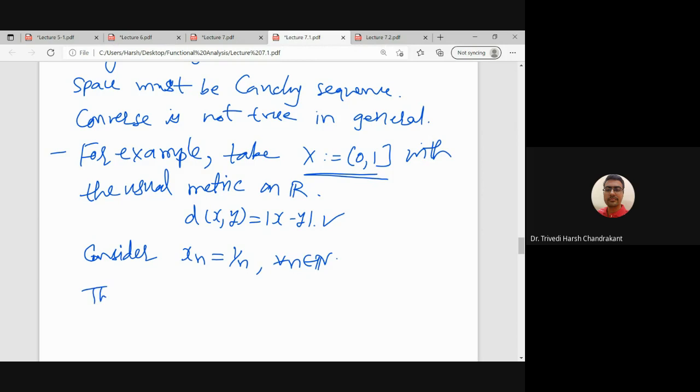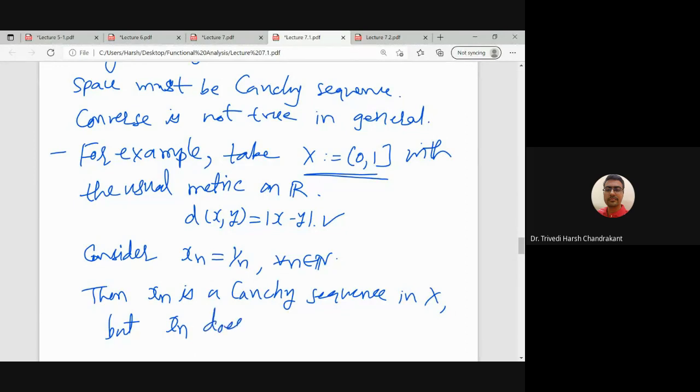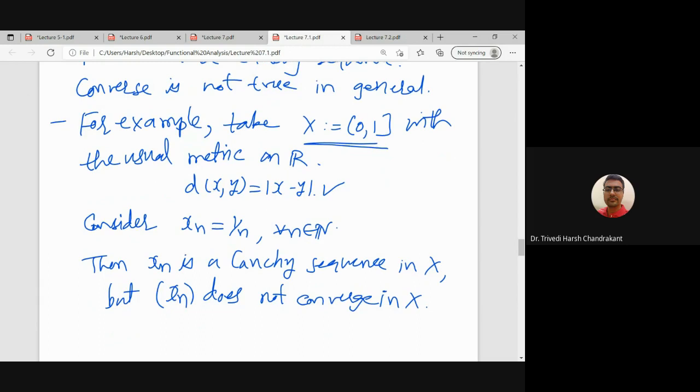So xn is a Cauchy sequence in X, but xn does not converge in X, because xn converges to 0 and 0 is outside X. That is the reason.